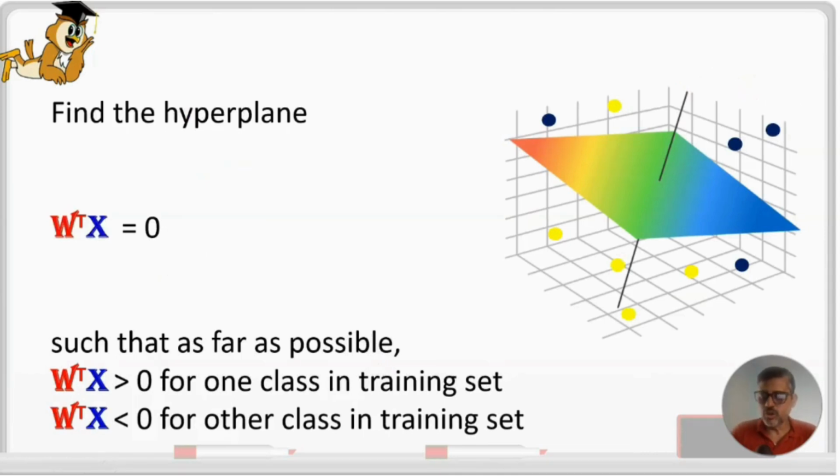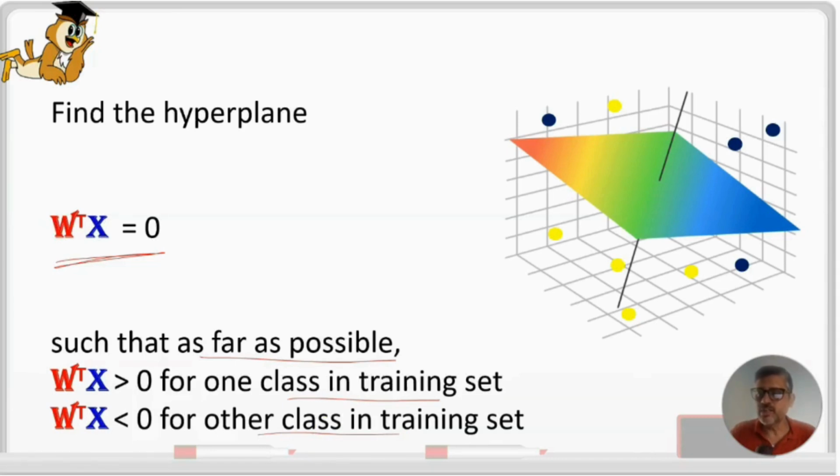We've also told ourselves that this problem involves finding the hyperplane. W transpose X equal to 0 is a hyperplane such that, as far as possible, W transpose X is greater than 0 for one class in the training set, and W transpose X is less than 0 for the other class in the training set. Remember, this is a binary classification problem, so there are only two output classes.